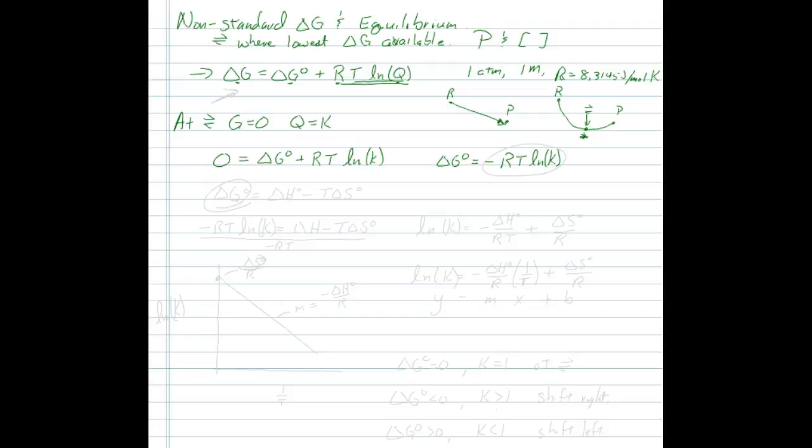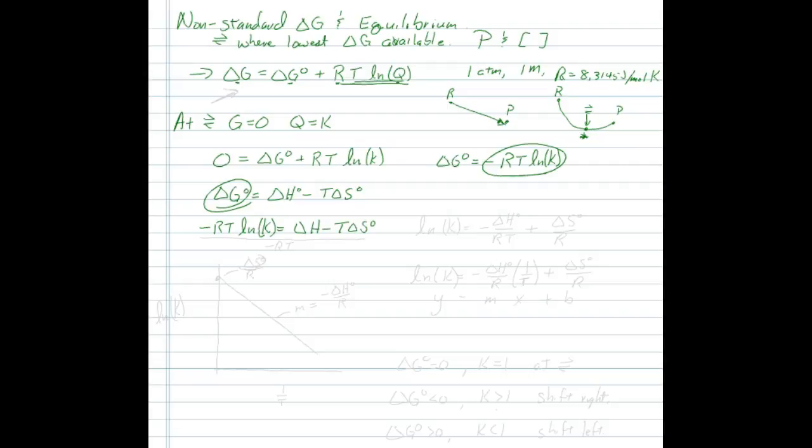And going back to our original from the other day, delta G naught equals delta H naught minus T delta S naught. We can replace the delta G naught with this. Negative RT natural log of K equals delta H naught minus T delta S naught.